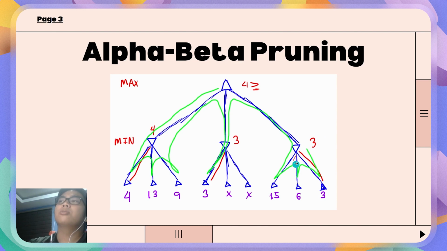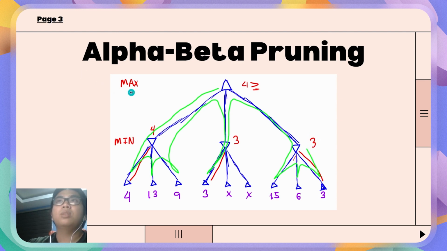Let's see the other nodes. I see a 6 here, so maybe that player 2 is going to say, that's my minimum for now. And player 1 will say, okay, I might choose that column, that node to explore later on. And then player 2 sees a 3 here and says, okay, the minimum value I can get is 3.